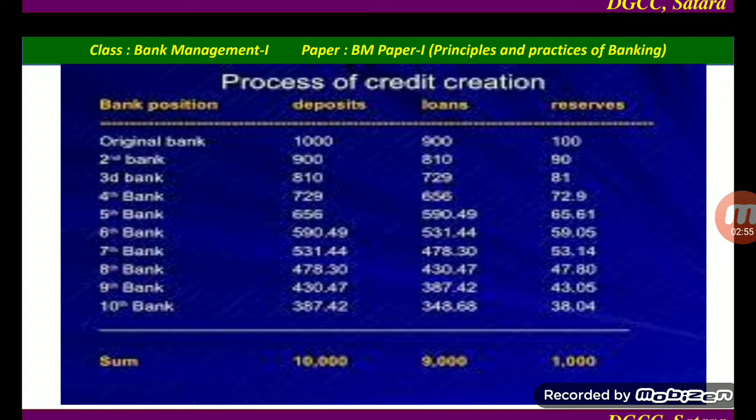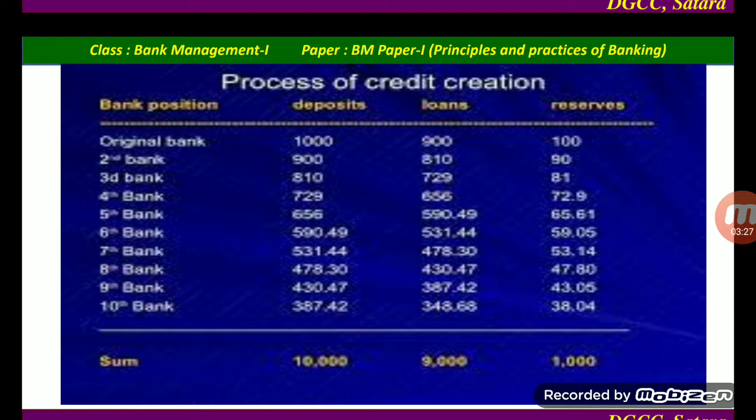In the third step, when the second bank gets 810 rupees, it advances a loan of 810 rupees through check. It is deposited in the third bank and this process goes on. If we calculate the total, the amount deposited is 10,000 rupees, 9,000 rupees is advanced as loans by all banks, and reserve is 1000 rupees.